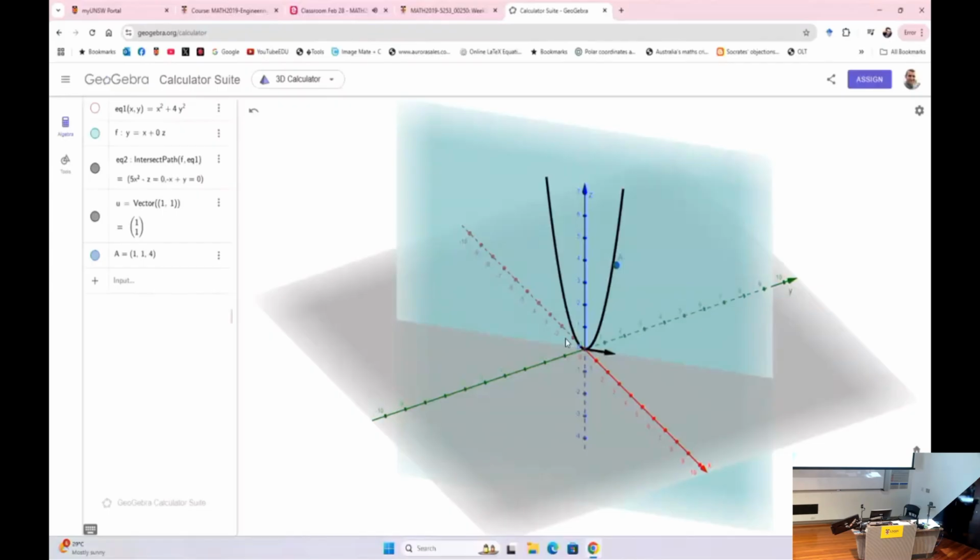If I had my planes going the other way, they might not cut the surface. And it contains the vector in question. The vector has a direction, so we know whether we're going like that or turning around and going the other way. It also contains the point A. Other questions? Good question.